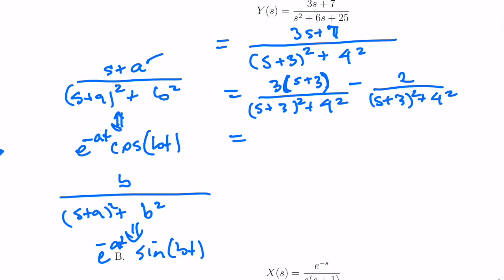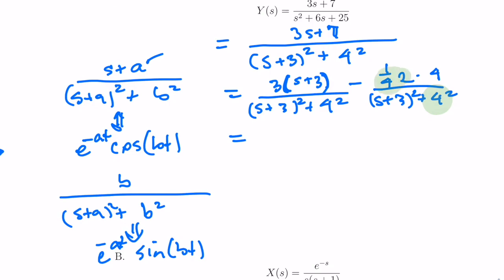Once I have that, I know that this term needs a 4 on the top. So I put the 4 there and then I divide by 4 so that effectively I'm multiplying by 1. The constant out front would be 2 over 4, so that's minus 1/2.